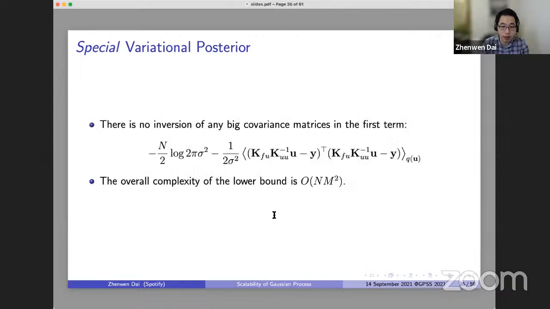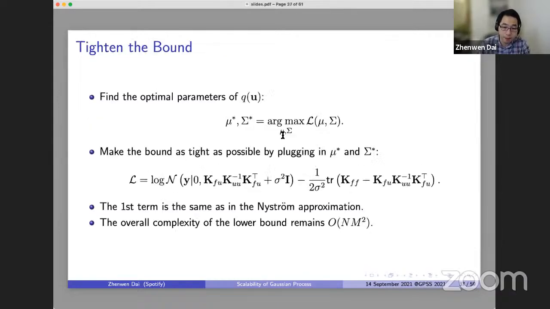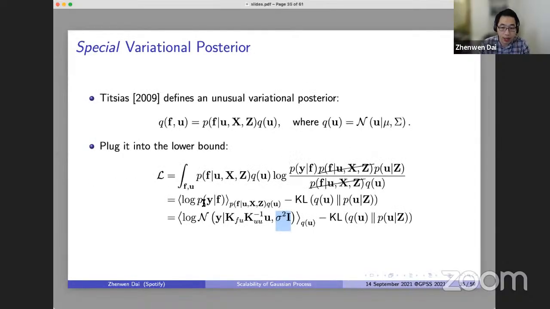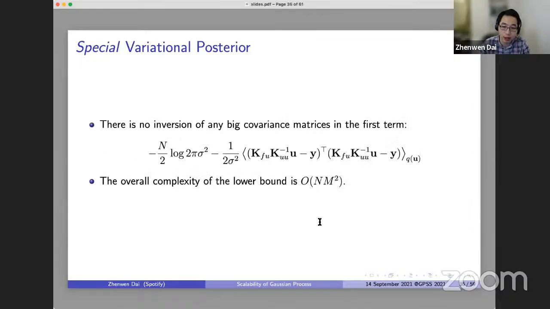What is special about this notation? This front part can be calculated very efficiently because this covariance part is diagonal, and we can calculate it with computational complexity of n m squared, because these are basically inner products of two vectors. The m part is with respect to K of F U, the cross covariance between the training data n and the inducing variable U, and then K U U is m by m.